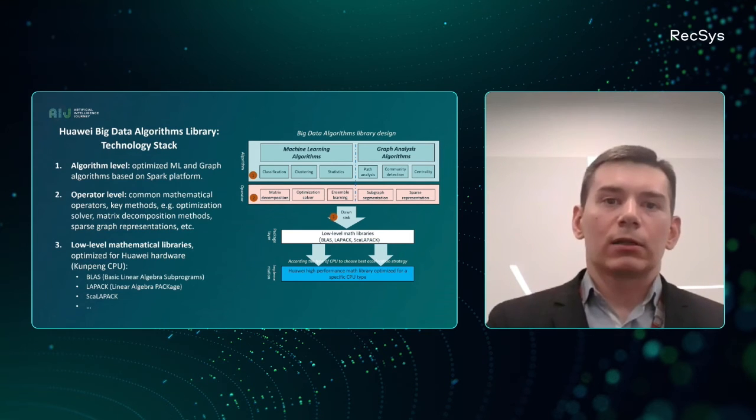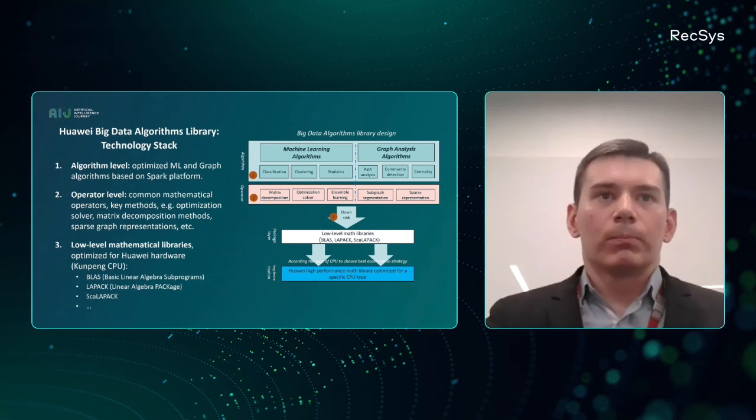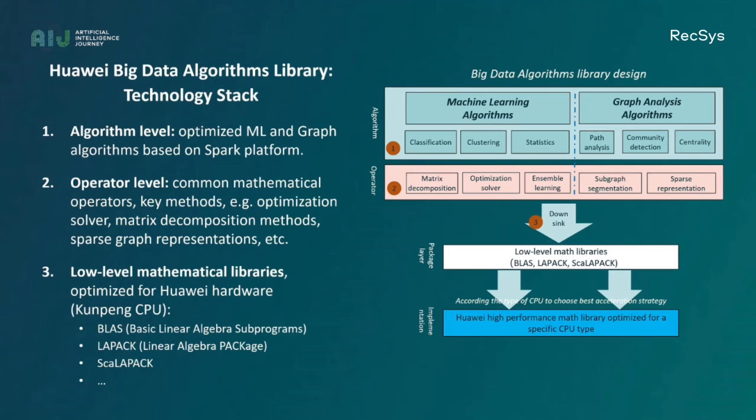The next level is the operators level. That's where we implement general mathematical operators, for instance, optimization solvers of levels 1 and 2, matrix methods, or other approaches. So these are general things for many algorithms, and they should be developed separately.